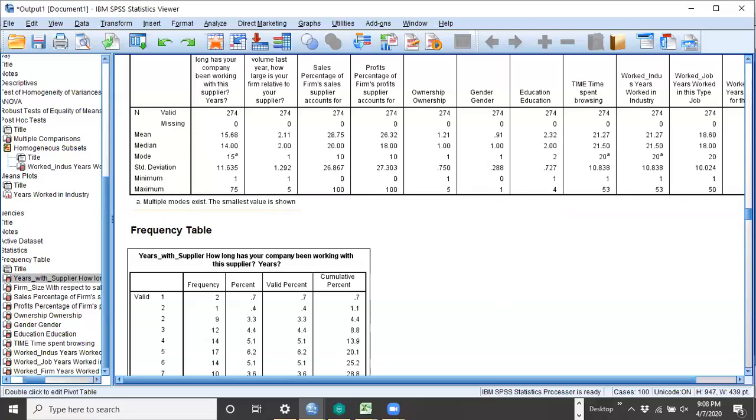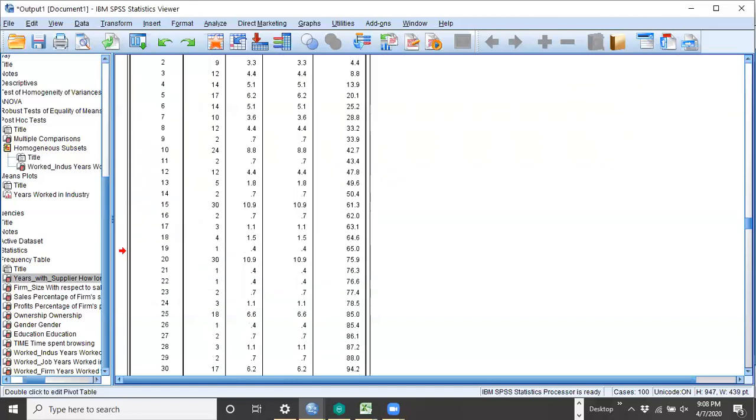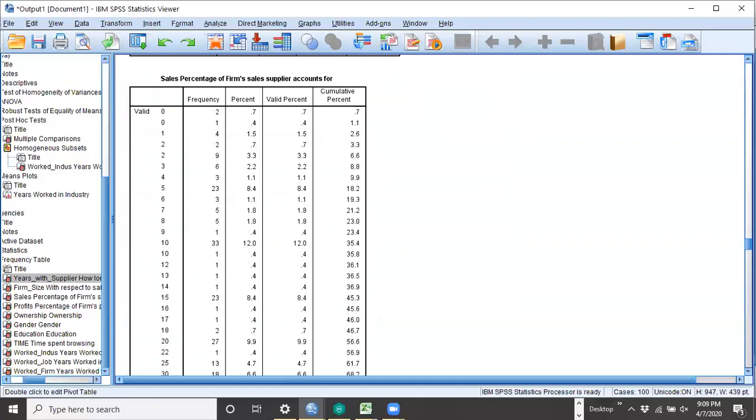Okay, so let's run a quick t-test between gender and, let's say, years worked in industry. So years worked in industry, I believe, is also a ratio level measurement, but let's check.